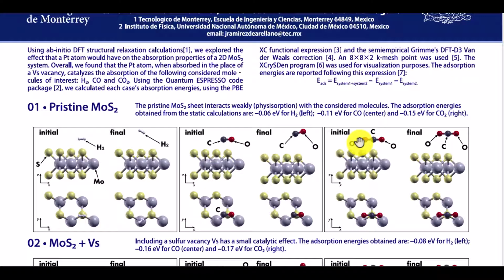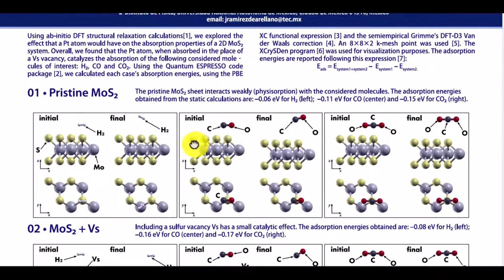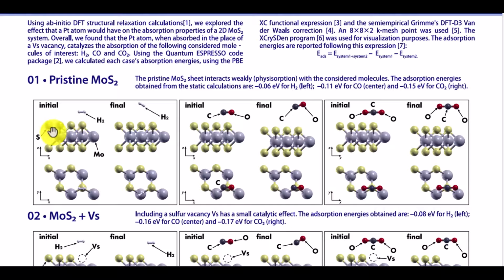We calculated their interactions via structural relaxation calculations, and then we calculated the adsorption energy following this expression. The first case was the interaction with the pristine surface, the no defect surface.